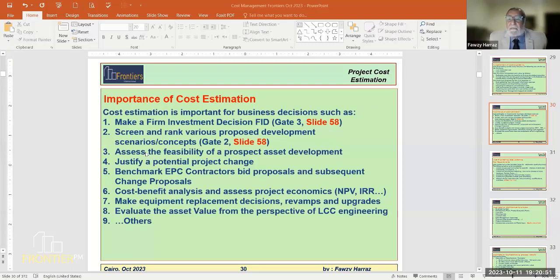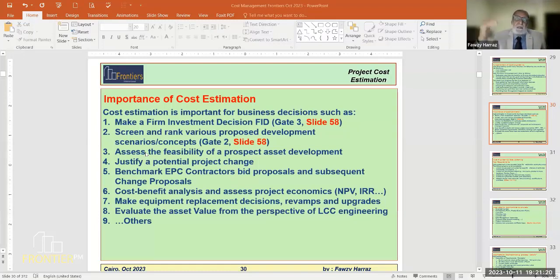On the refinery, it could be the process units in the refinery. Is it just distillation, or will there be hydrocracking or catalytic cracking or whatever? These are the concepts to be ranked and evaluated from the investment and economics perspective. So this is another role of cost estimation, to support management.